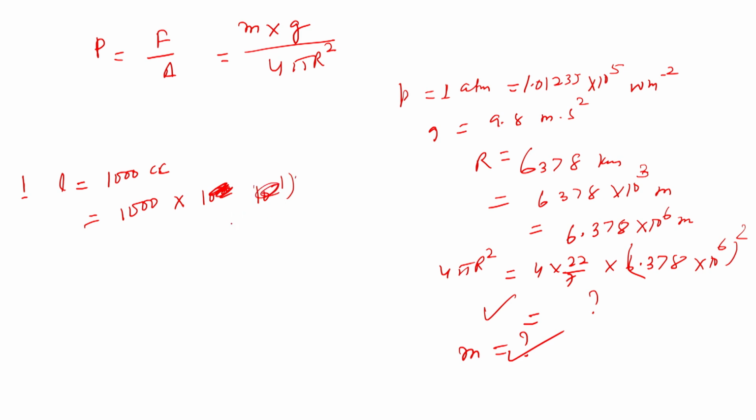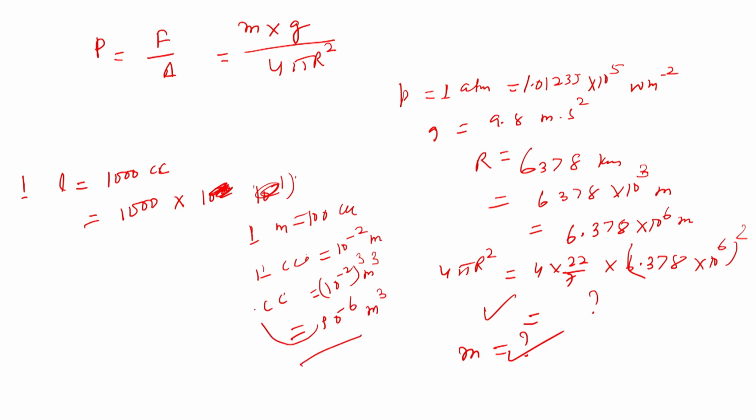This is already in cc, so you can put in the number of molecules. I wanted to calculate in meter cube. So 1 meter is equal to 100 cm, which means 1 cm is equal to 10 to the power minus 2 meter. So 1 centimeter cube will be 10 to the power minus 2 meter cube, so 10 to the power minus 6 meter cube.